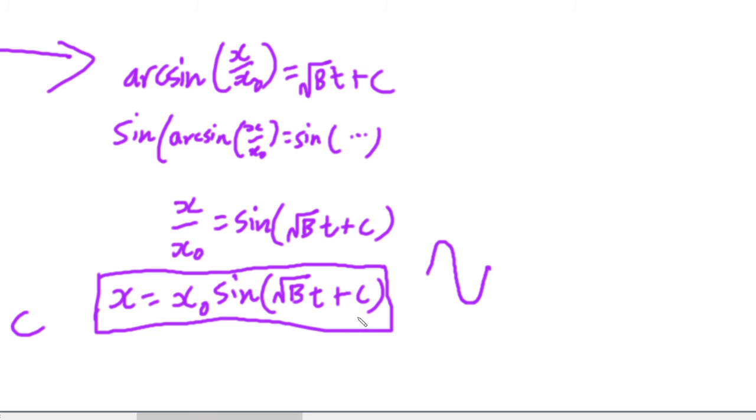And so this plus c, you might consider it as a sort of phase difference from the normal way a sine function is. For instance, if I had this one sine graph and it started here, then there would be a phase difference of 0 because that's where a sine graph normally starts.